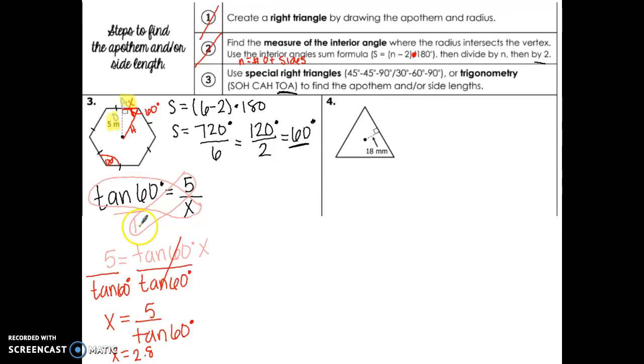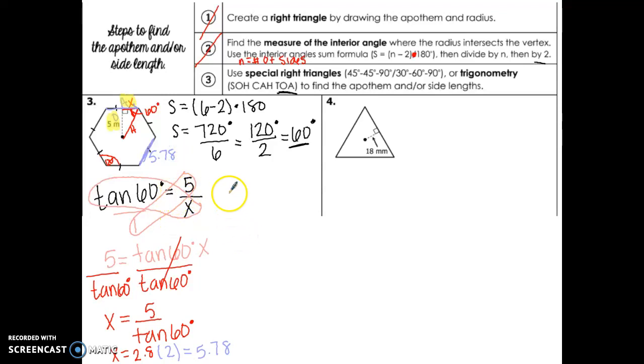However, we have only found x. We need that entire side length. So what we do is actually multiply that by 2. And when we do that, 2.8 times 2, we get 5.78. So now we know this entire length right here is 5.78.